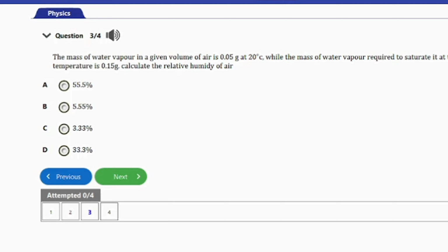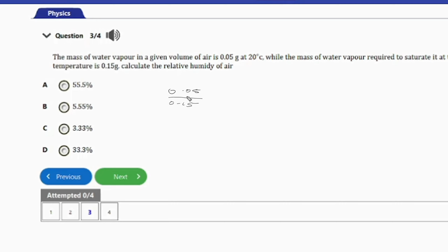All we need to do is note that the amount of water vapor in the air at this given temperature is 0.05, and the maximum amount the air can contain, which is the amount required to saturate it, is 0.15 grams.